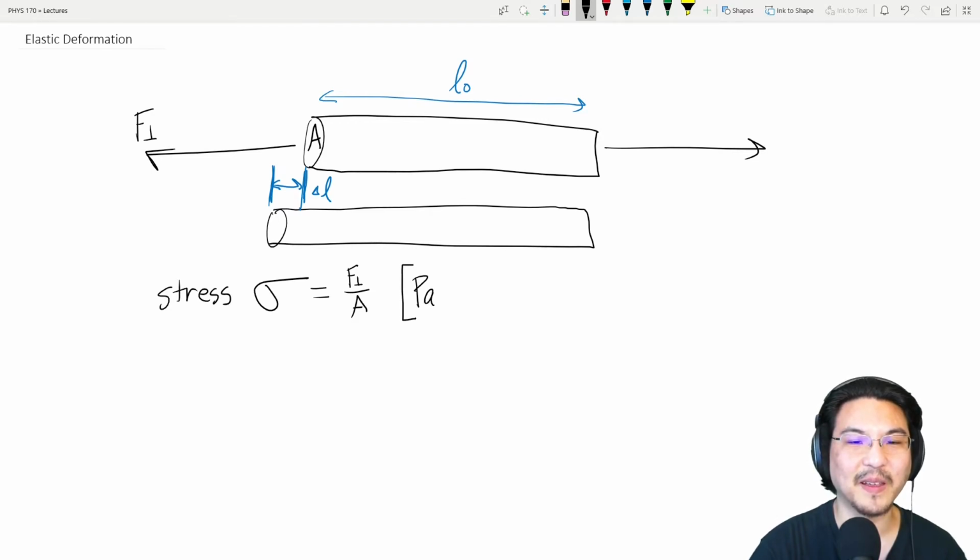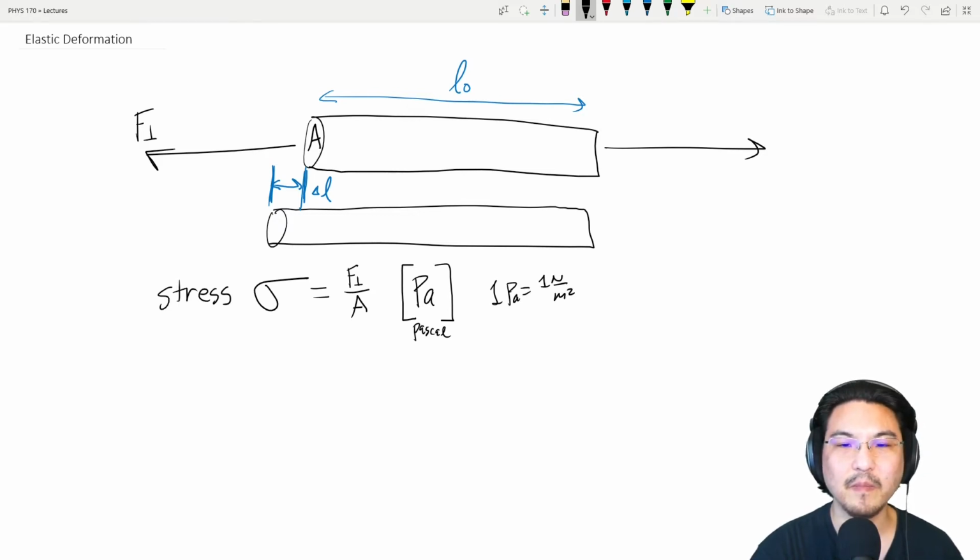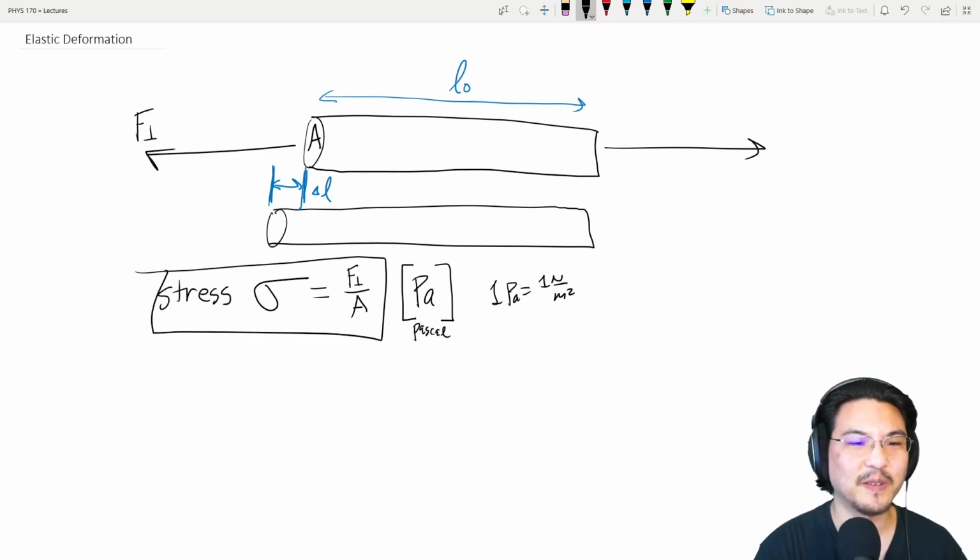That's called Pascal. Just note that 1 Pascal is 1 Newton per square meter. Okay, so this is a definition.